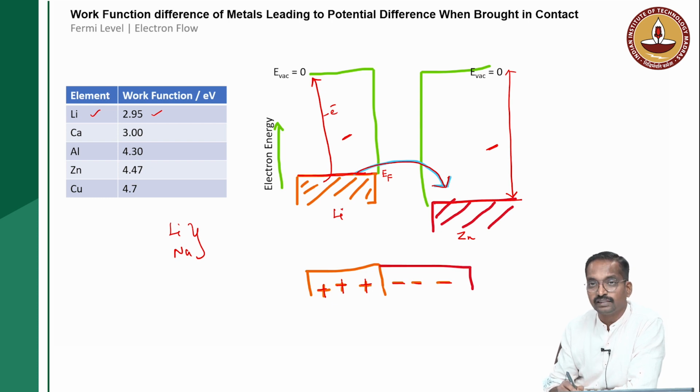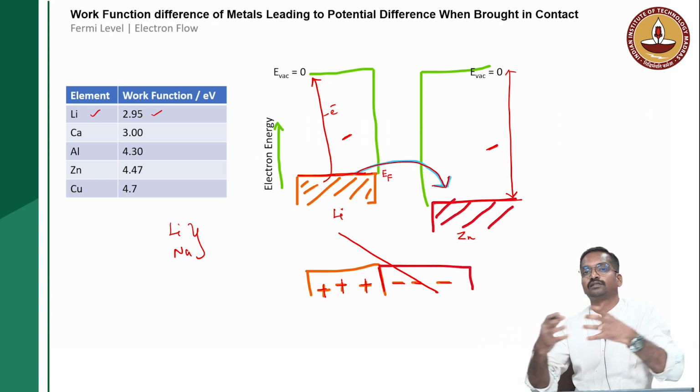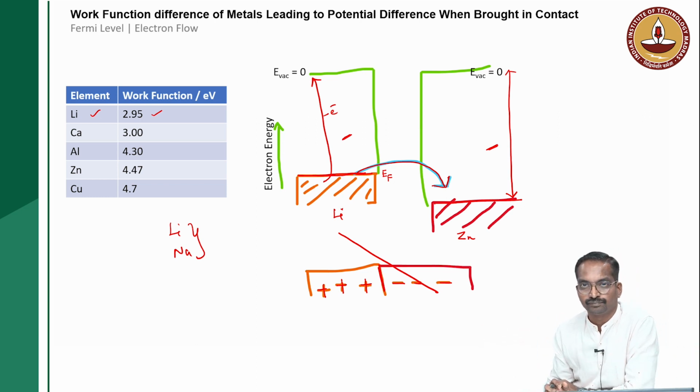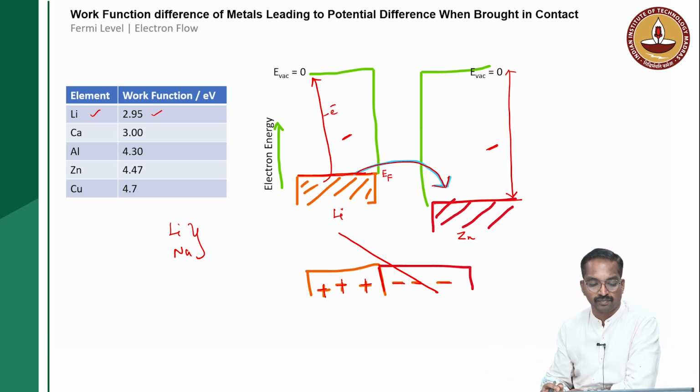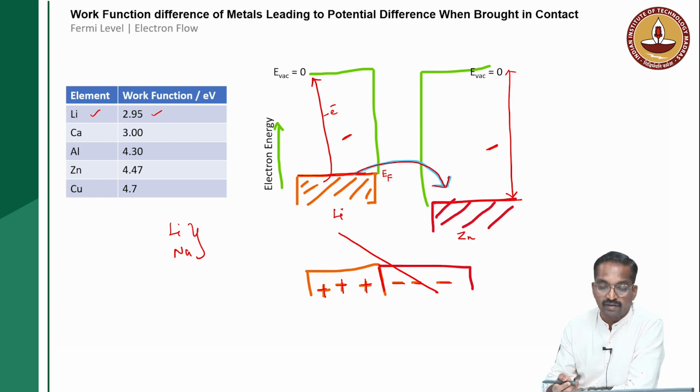So, this charge separation causes a potential drop across the interface where these two metals come into contact. This is actually the origin of potential, or the voltage development, when you bring two dissimilar metals and join them.